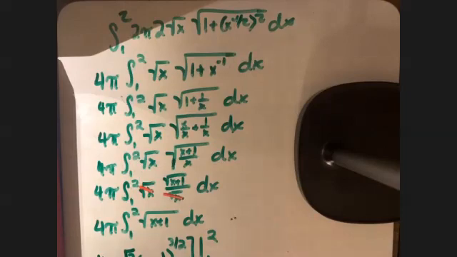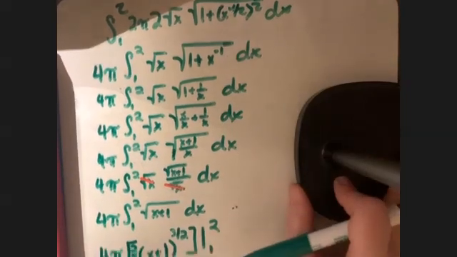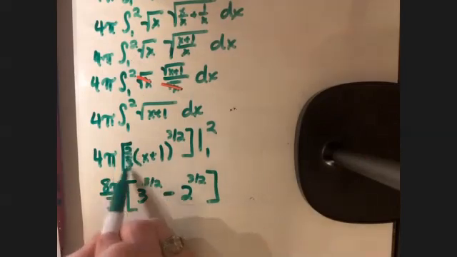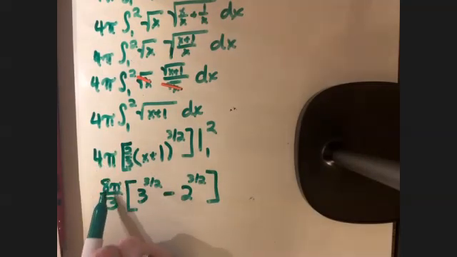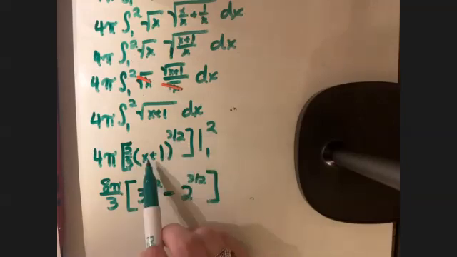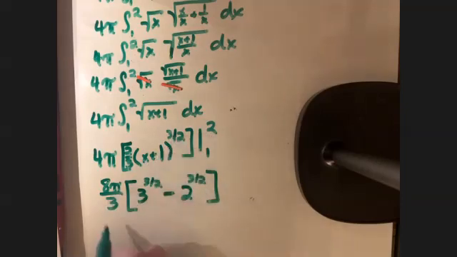Okay, I'm going to bring the 2/3 out, so that's 8 pi over 3, and then I'm going to plug in the 2. So 2 plus 1 is 3, so this is 3 to the 3/2 minus 2 to the 3/2. That's not spectacular. So I brought the 2/3 out to get my 8/3, and then I plugged in 2. 2 plus 1 is 3 to the 3/2, and then I plugged in 1, and that gives me 2 to the 3/2.